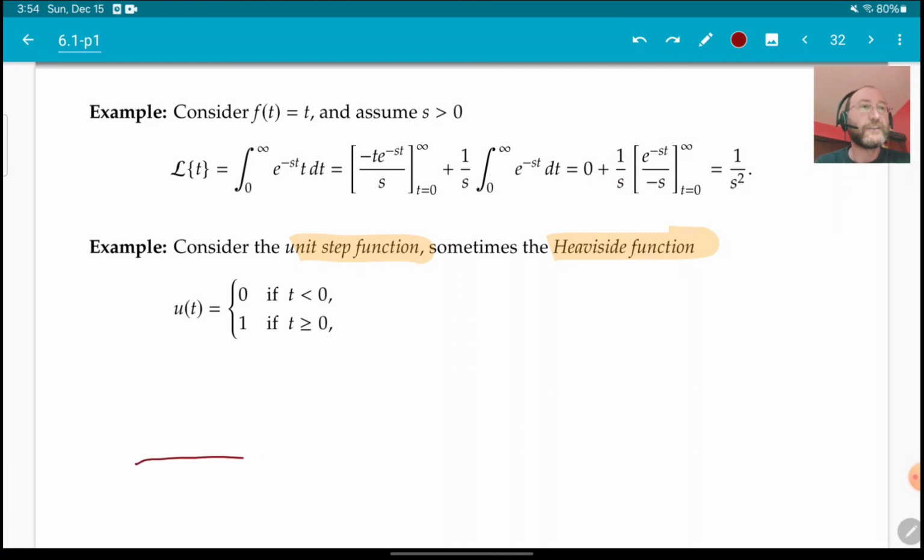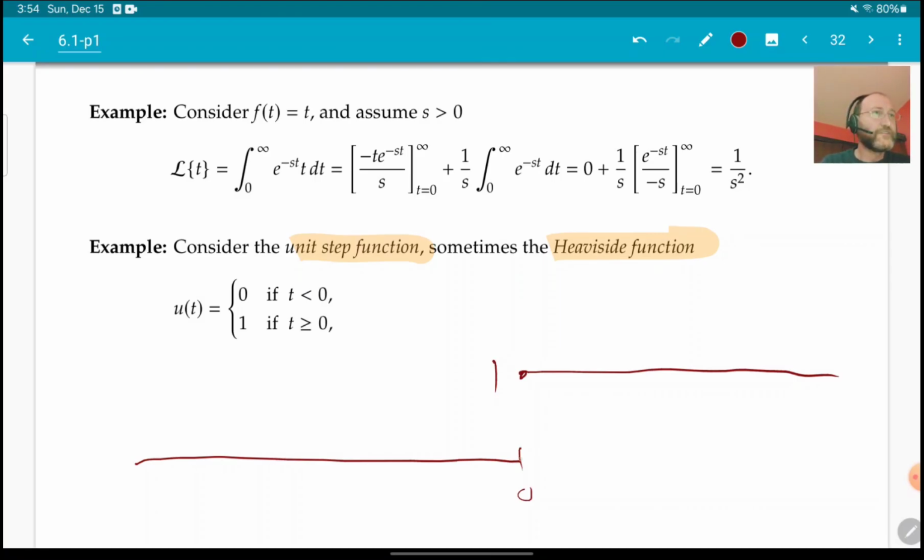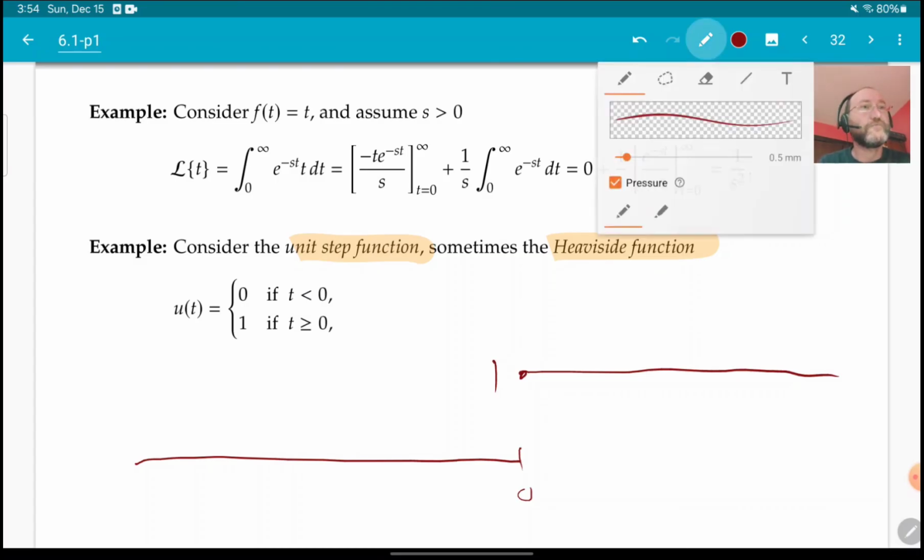So it's zero all the way up to zero, and then once t becomes zero, the function just becomes one, and this is where one is on the vertical axis. So it's just zero, zero, zero, and then at zero it jumps to one, and then keeps going as one forever.